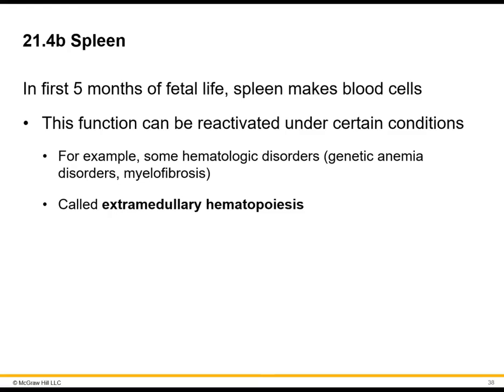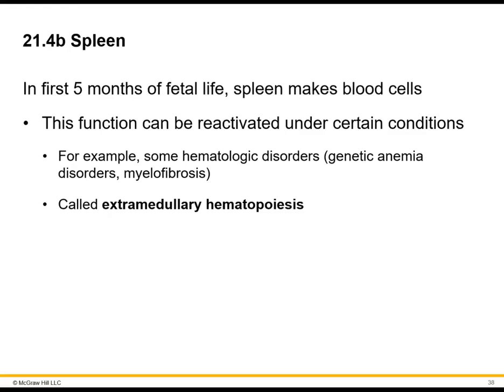What else does the spleen do? Well, it can make blood cells. In fact, in the first 5 months of fetal life, that's pretty much all it does. Now, in adulthood, it doesn't have that function anymore, but that function can be reactivated under certain conditions.